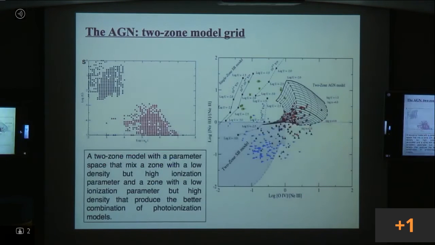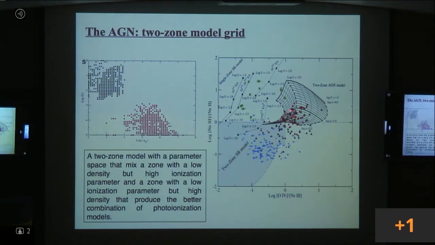We found that for AGNs, or for Seyfert galaxies, only a two-zone model grid, I mean a model that combines or mixes a region with low hydrogen density and a high ionization parameter, and a region with a high hydrogen density and low ionization parameter, is the best combination of models that can produce the emission lines in the most active galaxies.